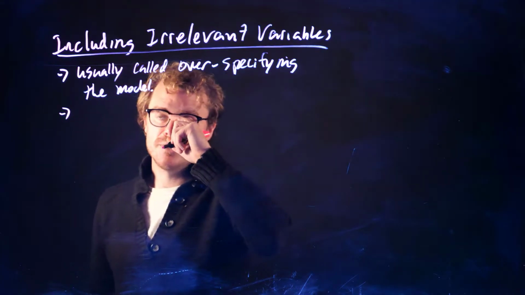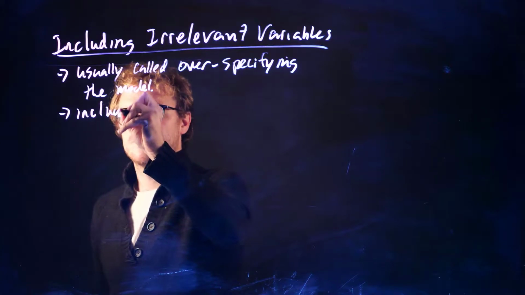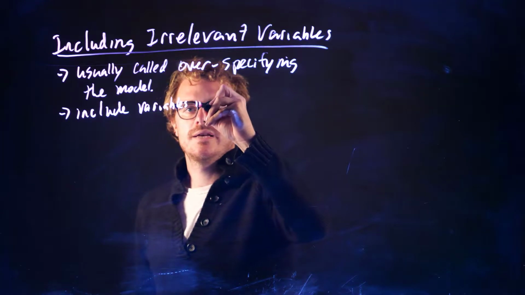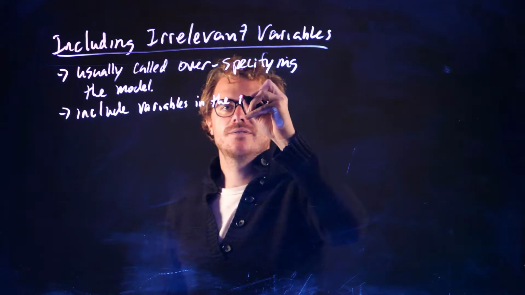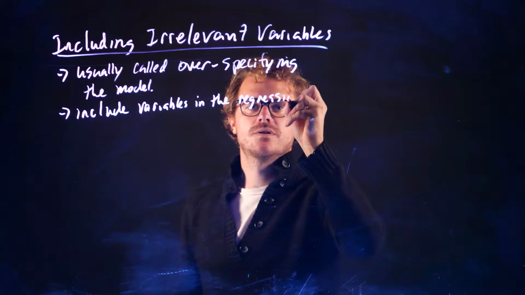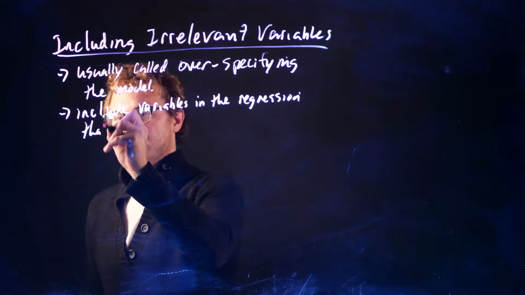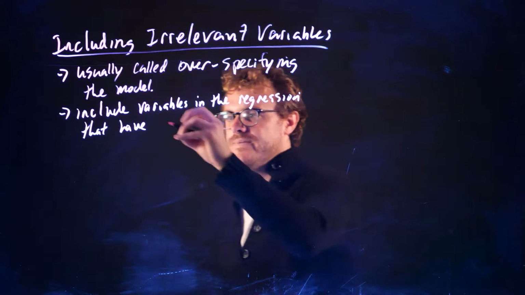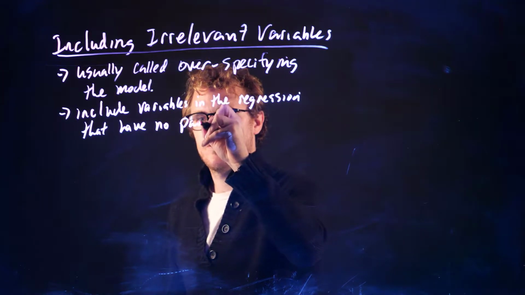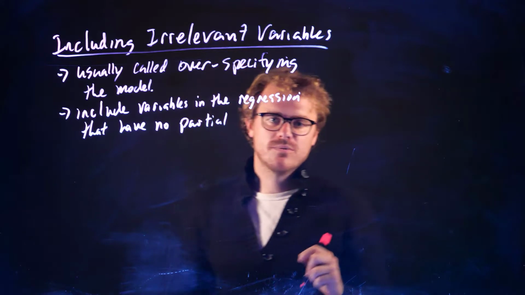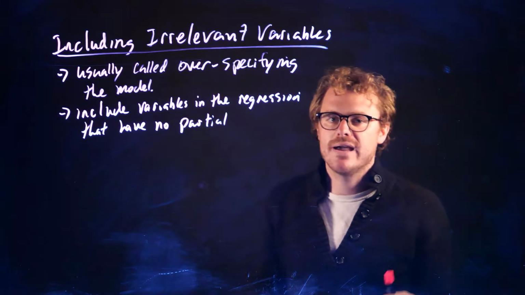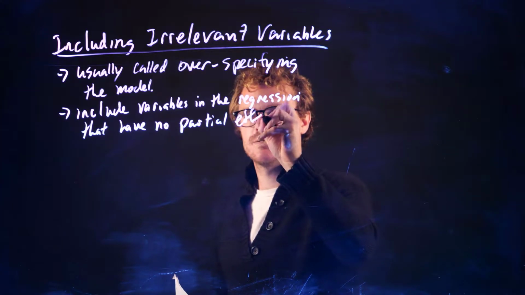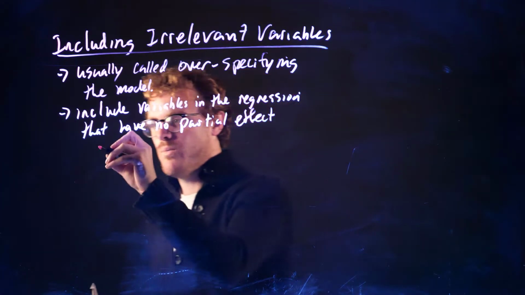And this is what happens when you include variables in the regression that have no partial effect on y. So they don't really matter for y, but we put them in by mistake, or we thought they might, and so we threw them in the regression. No partial effect on y.